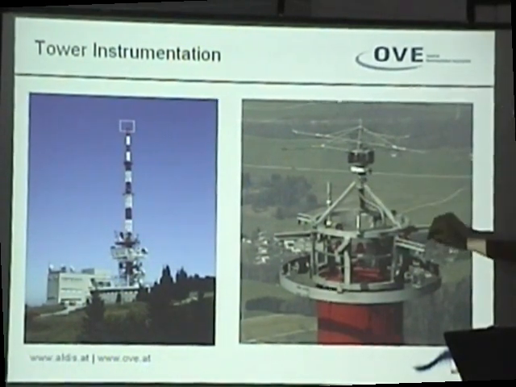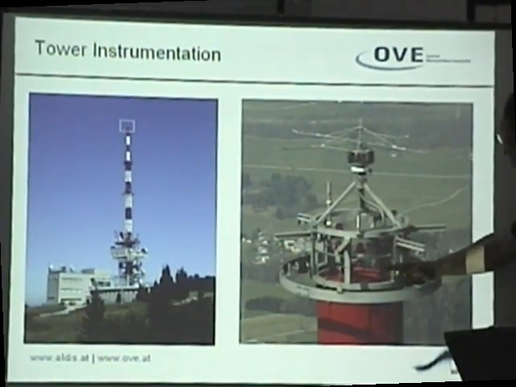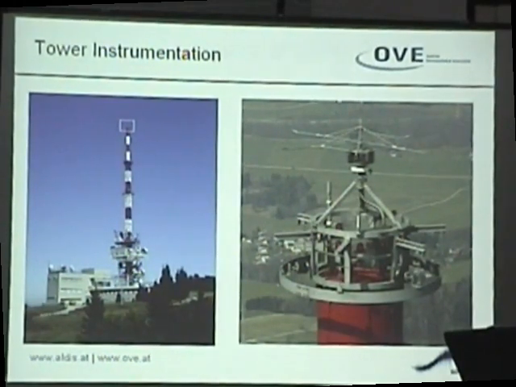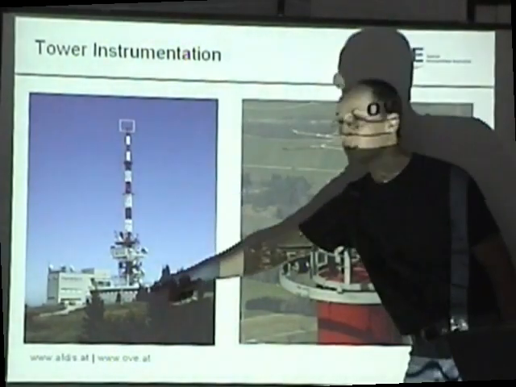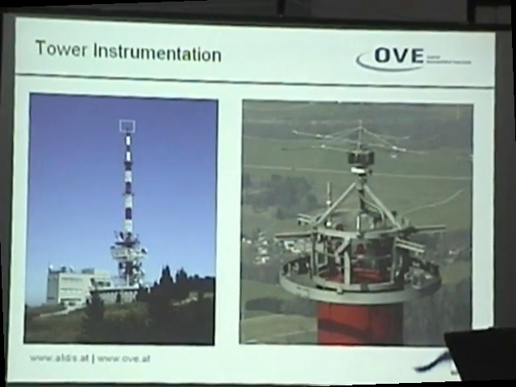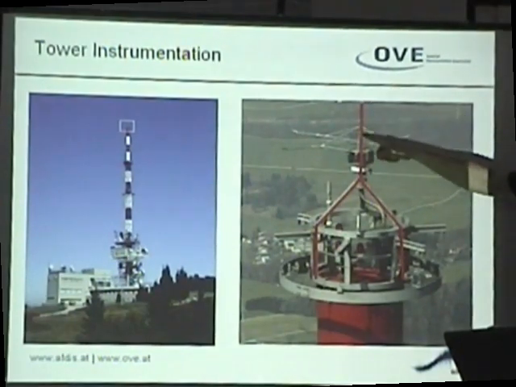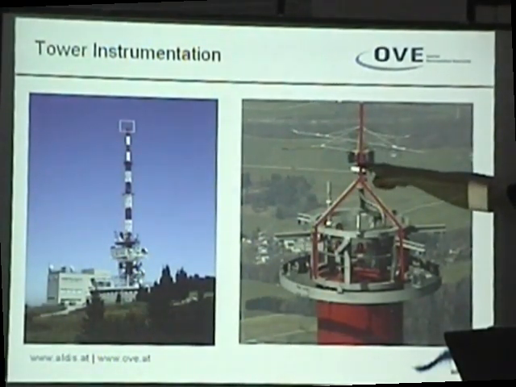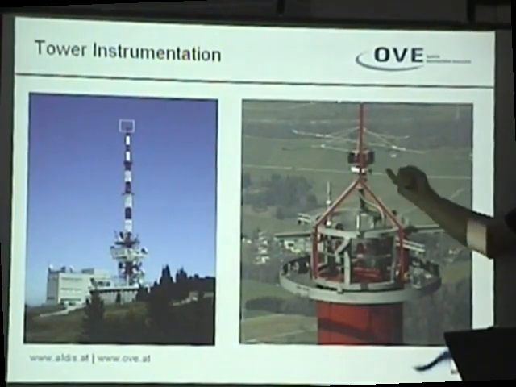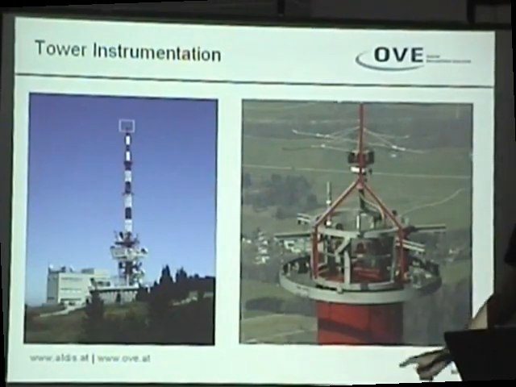This is for the measurement, and the signal goes down through this tube to a box here, and there's the conversion of the electrical signal into an optical signal, which is afterwards transported down, and there's a PC in the house which records everything. This is how the lightning current flows. It flows down through the resistor and through the measurement system, and goes down afterwards through the tower to the ground.